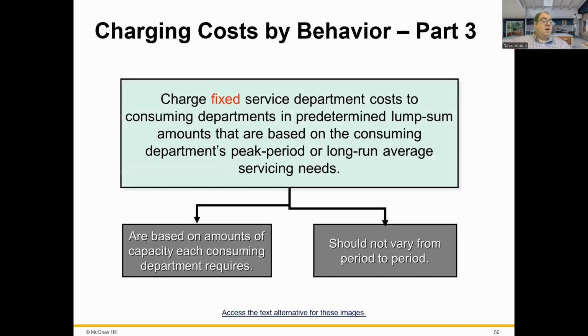A fixed cost should be allocated to consuming departments in predetermined lump sum amounts that are based on either the department's peak period or long-run average servicing needs. Importantly, fixed cost allocations are based on the amount of capacity each consuming department requires, and they should not vary from period to period.